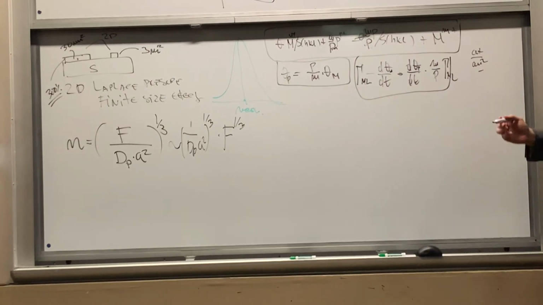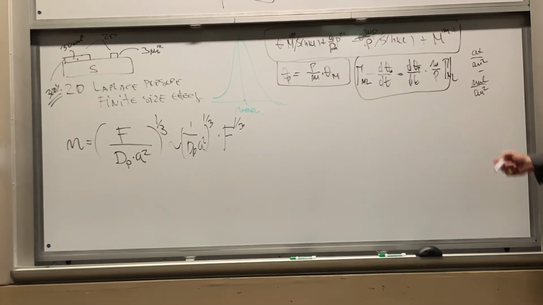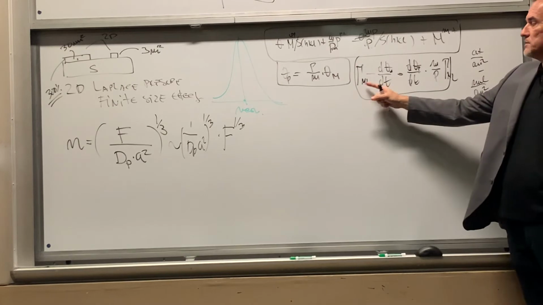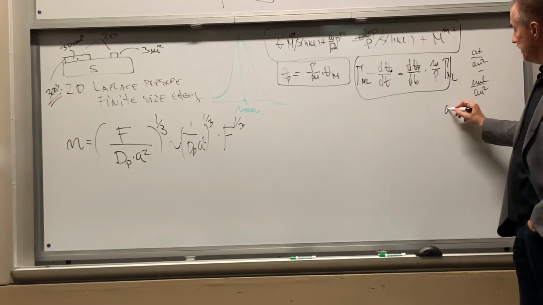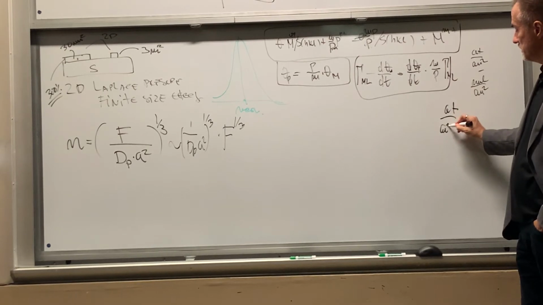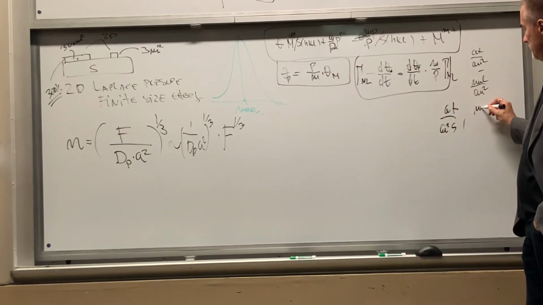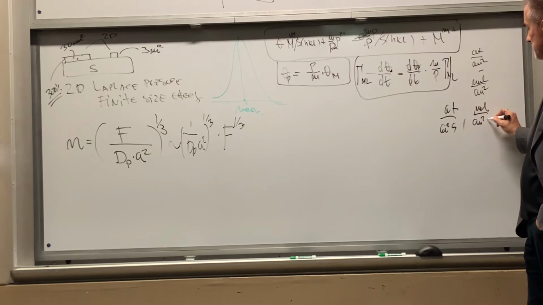Or if you want, it could be moles per centimeter squared. Doesn't matter, with the atoms you take Avogadro's number and you get moles. So we need that conversion to get the units of flux, which is either atoms per centimeter squared second or moles per centimeter squared second, all right?